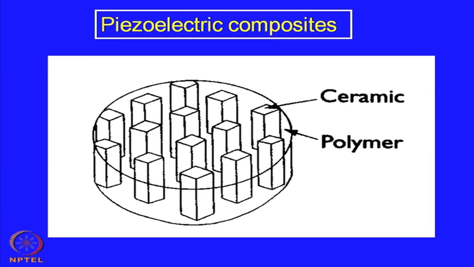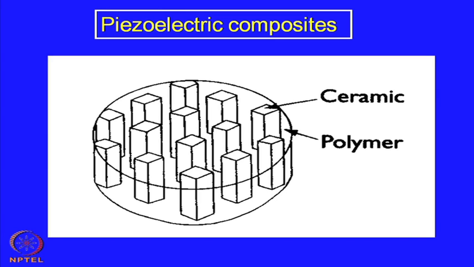Okay. So, it depends on which direction the stress is applied in a particular device, and in which direction the voltage will be measured, or the reverse way, in which direction the voltage has to be applied and the stress is required. So, that way one can have different connectivities and different composite materials.